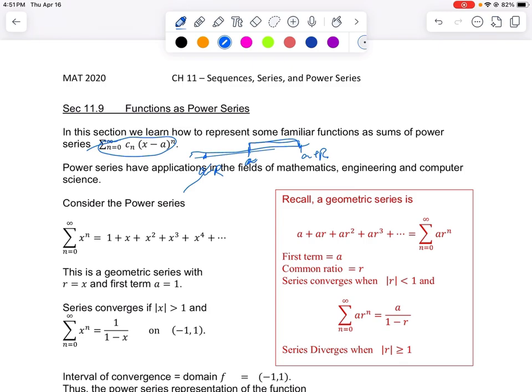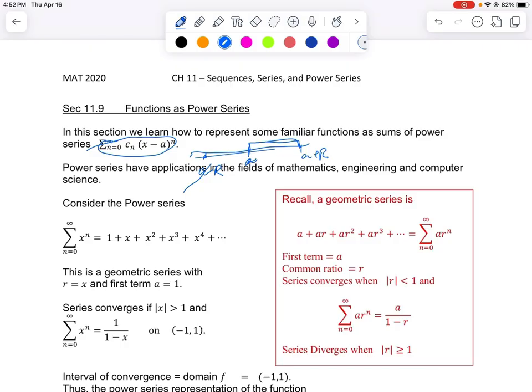Now, power series have a lot of application in math, in computer science, and in engineering. That's why we learn these here. If you take the differential equation course, you will see the application of power series, because there is a method for solving the differential equation using the power series.